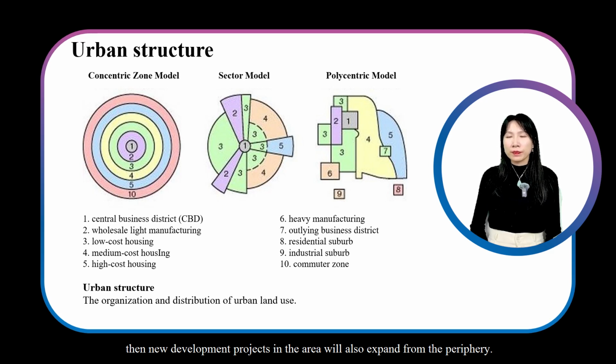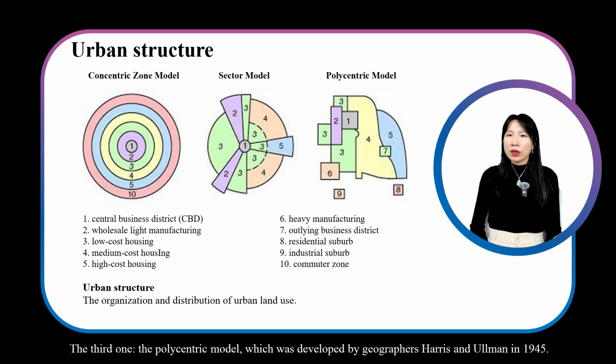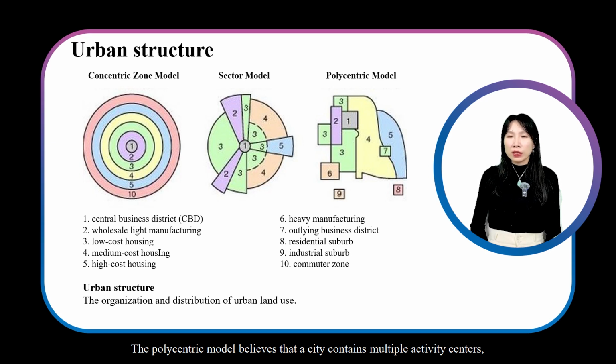The third one, the polycentric model, was developed by geographers Harris and Ullman in 1945. The polycentric model believes that a city contains multiple activity centers, each attracting different activities and people. Some activities are attracted to specific nodes, while others avoid them, forming clusters.